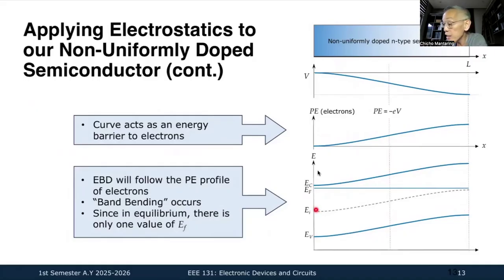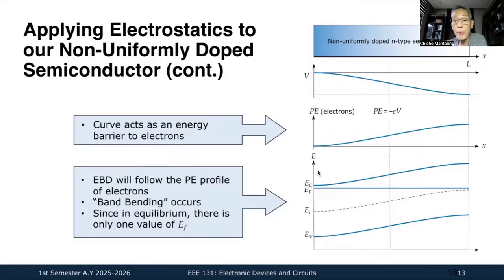And your intrinsic energy level will also be following your potential energy profile. So this is now going to be the energy band diagram of this particular non-uniformly doped n-type semiconductor. This is what its energy band diagram will look like. This is in thermal equilibrium.